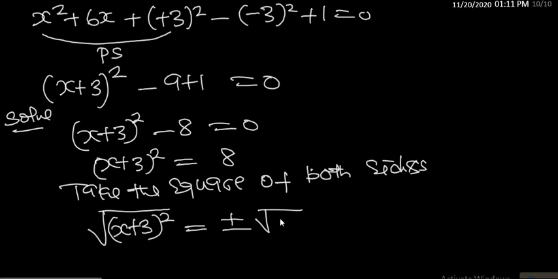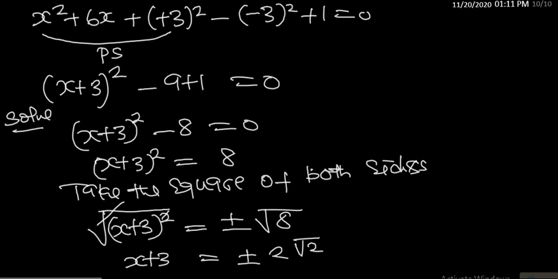Remember, when you are using the square root method, you always take plus or minus. Of course, square and square root will cancel each other. So you have x plus 3 equals to plus or minus the square root of 8, which can be broken down into 2 root 2, since root 4 is 2 and root 2 stays. So guys, we can simplify further.